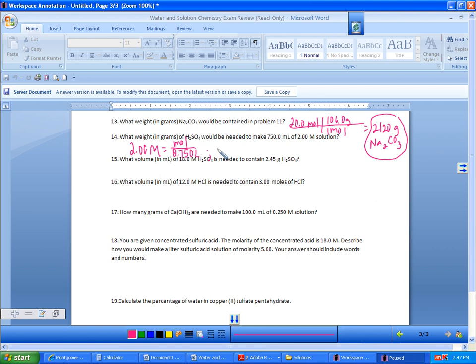So I multiplied 2 times 0.75, so that gave me 1.5 moles. But they don't want moles, they want grams, so I said that 1 mole was 98.1 grams of H2SO4. And so when I did that math, I got 147 grams of H2SO4.